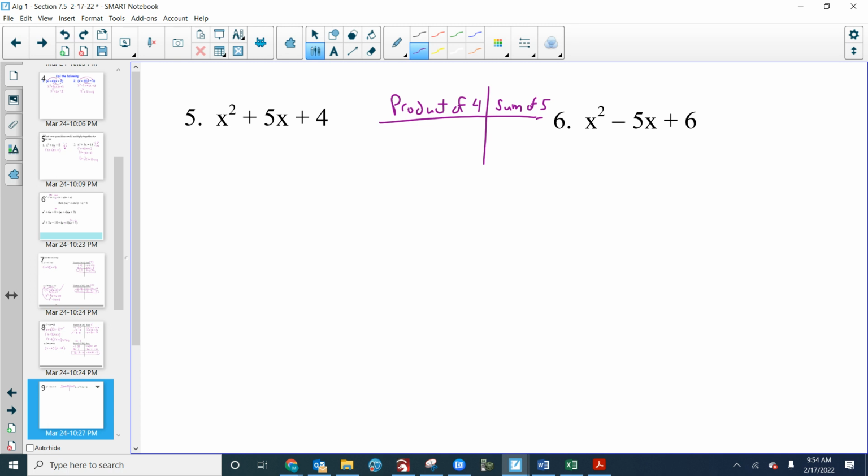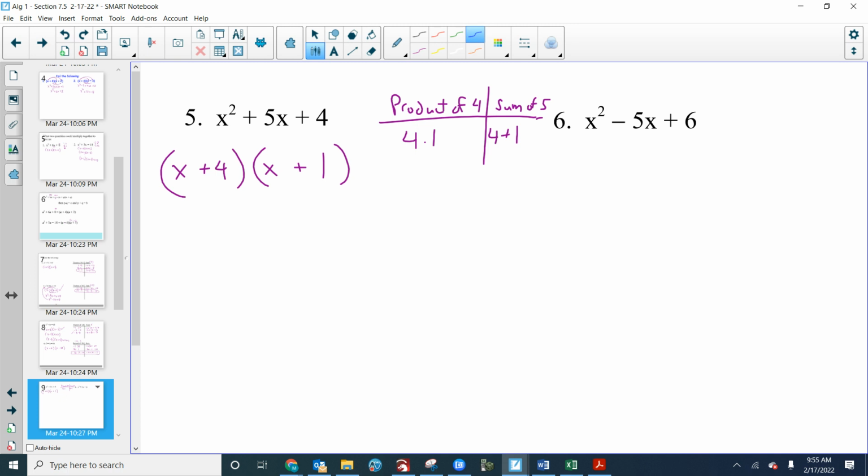Yeah, so we're good. So 4 times 1 is 4, and 4 plus 1 is 5. So, Evan, what's going to go in our parentheses? Do you need some help, or you got it? Very good. Good job.